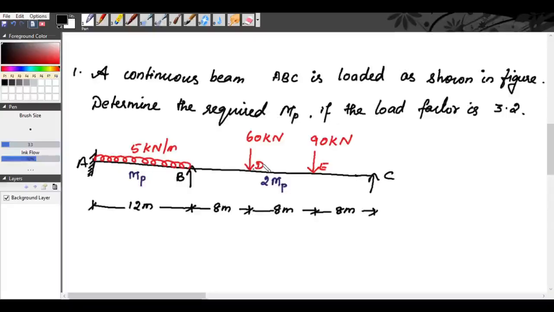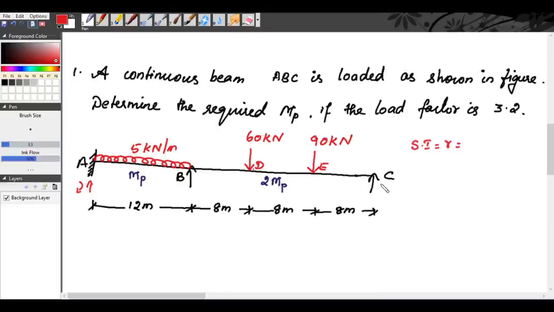So for this problem, first of all, we will see what is the statical indeterminacy, that is represented by R. So that is equal to the number of unknown reactions. At A, we have two unknown reactions. At B, we have one unknown reaction.